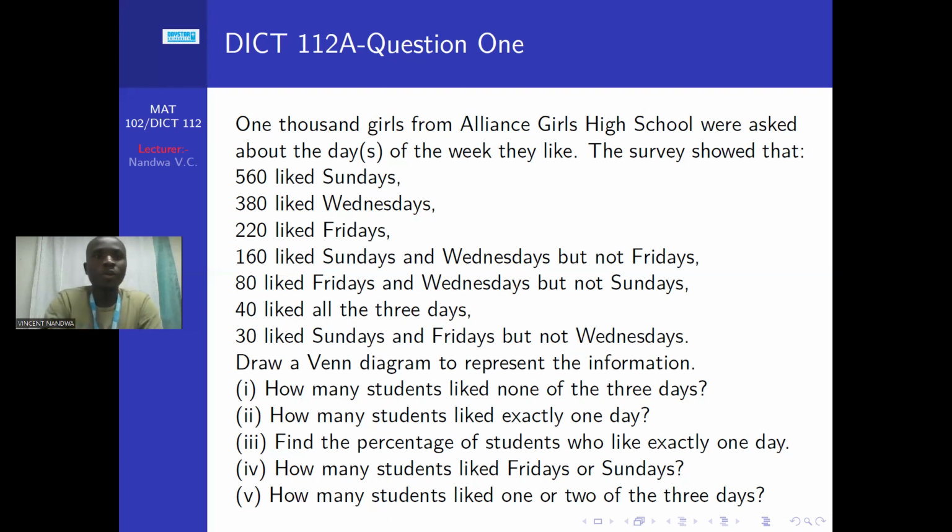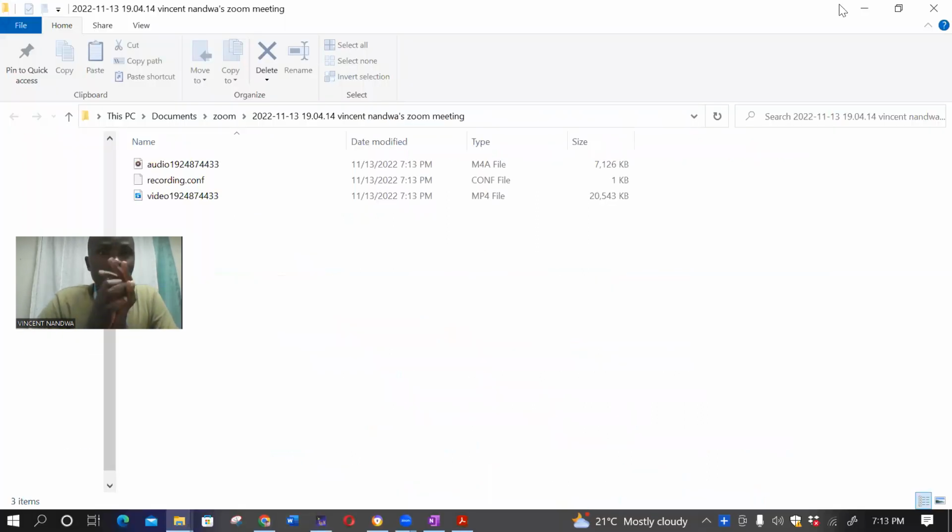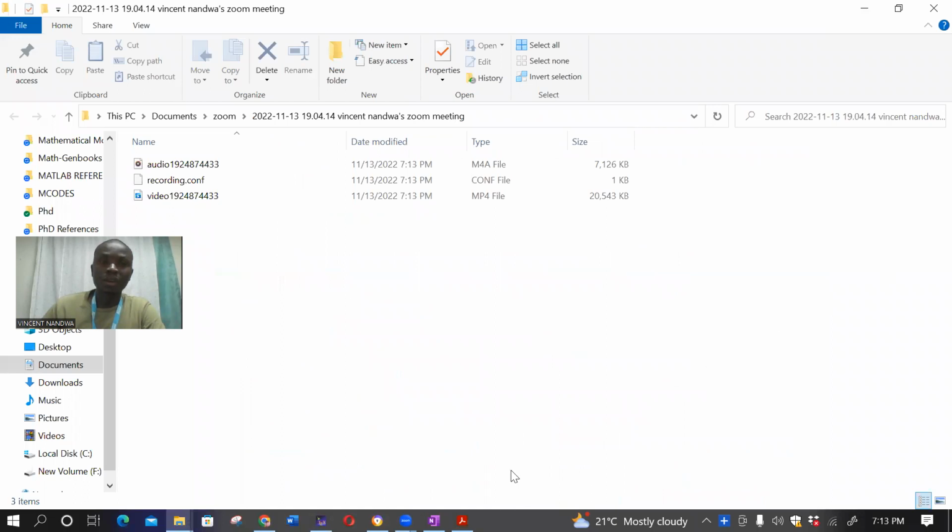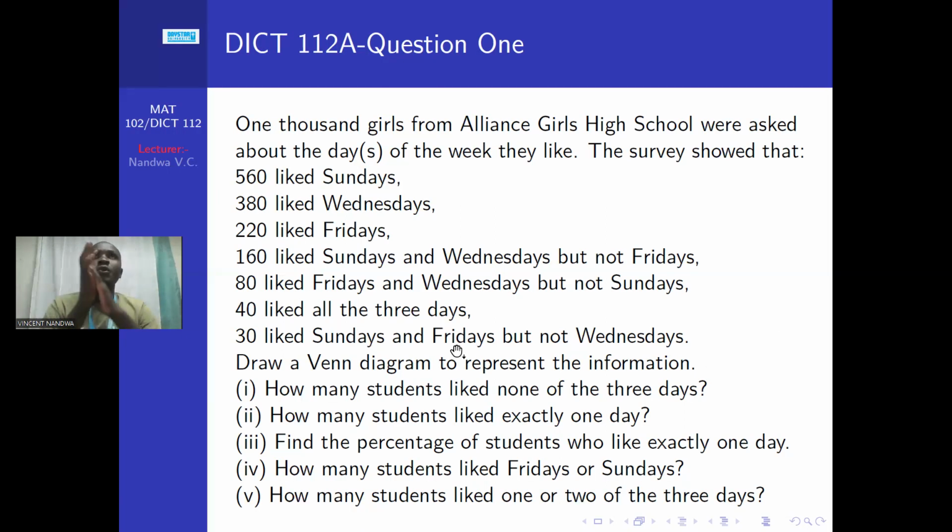So 1, draw a Venn diagram to illustrate the information. And once we have the Venn diagram, respond to part 1 to part 5. Now it's very clear that we have 3 main sets. So when we draw a Venn diagram, we should have 3 circles within the rectangle.